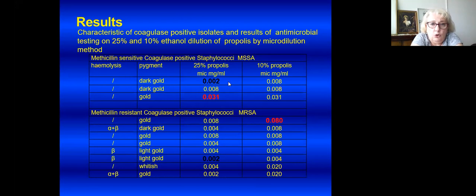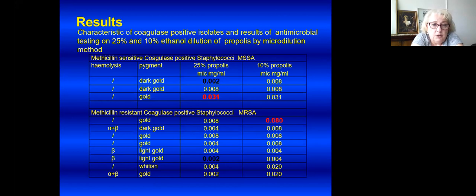One or 2 isolates had the same MIC for 24 and 10% propolis extract. The first isolate showed a lower MIC value with 25% propolis than with 10% propolis.